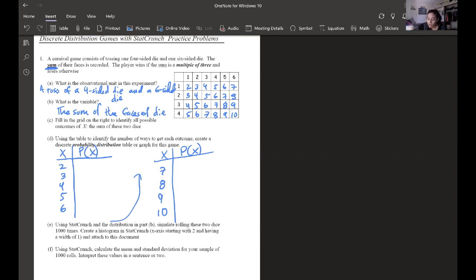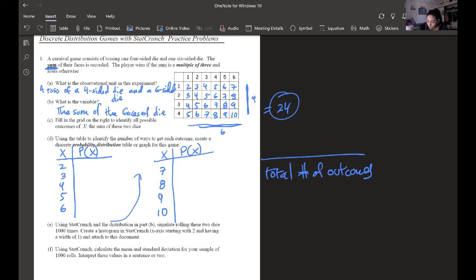Okay. Now, what is the total number of outcomes? The total number of outcomes always goes at the bottom, right? If we look above, we have 4 rows and we have 6 columns, so that's equal to 24 possibilities. So this is how many total possibilities. We know we're going to get all of our probabilities out of 24, so it's going to be something over 24.